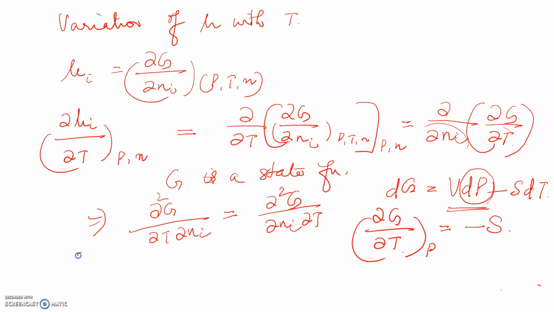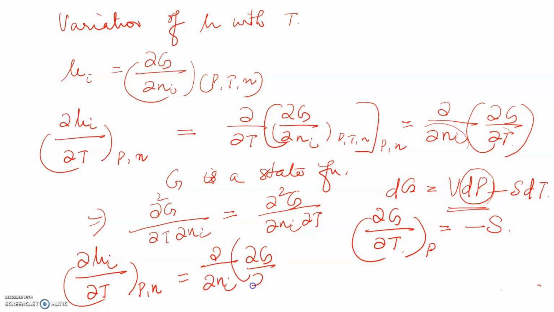What were we attempting to find? Dou mu I by dou T at constant pressure and number of moles, the composition. This is dou by dou Ni of dou G by dou T at constant pressure and number of moles.